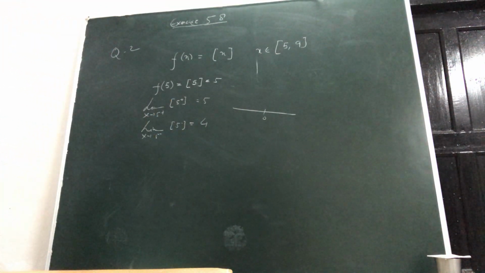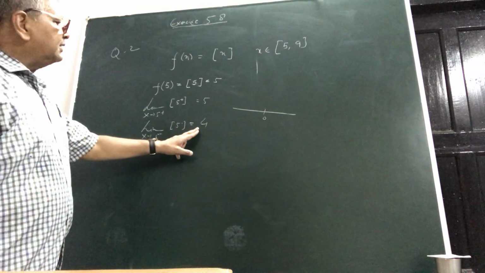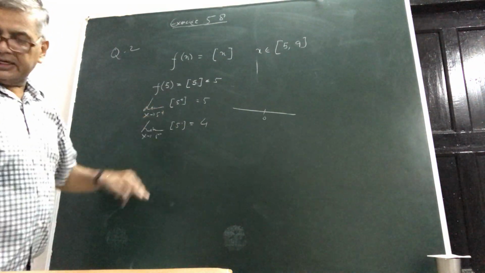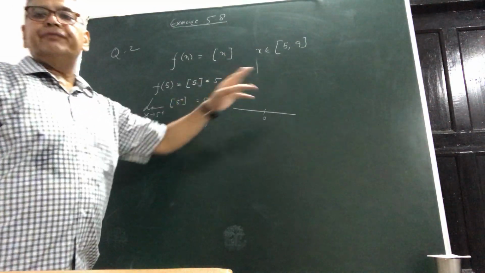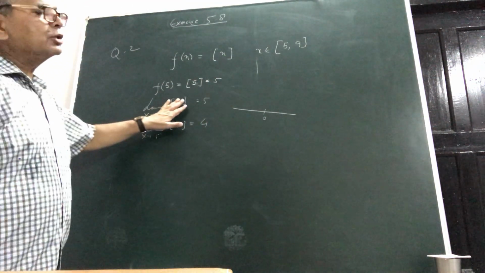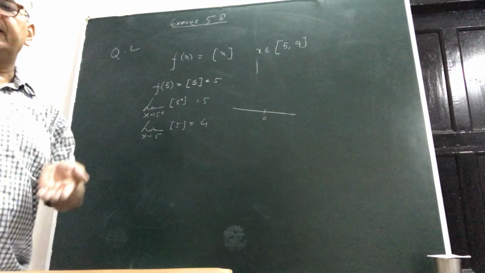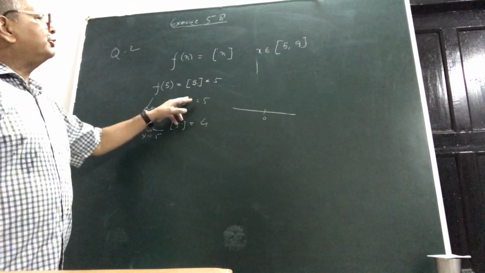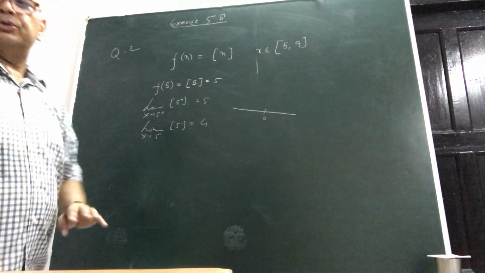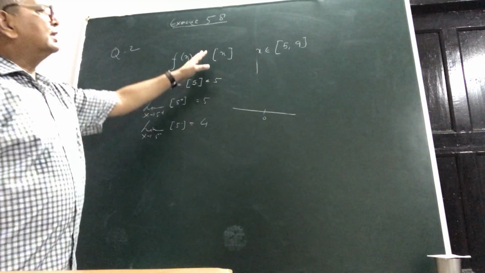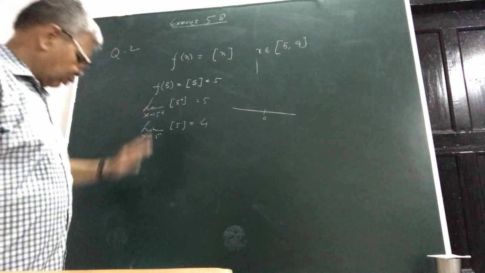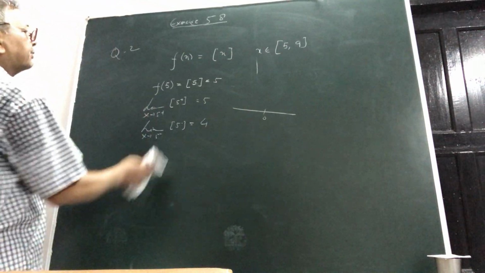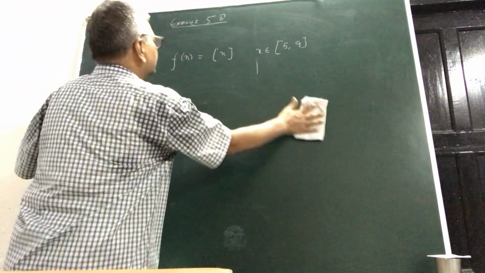So the left hand limit and right hand limit are not equal. As such, continuity doesn't hold good, because if it is continuous, then at least the left hand limit and right hand limit should be equal, and both should be equal to the functional value. This is the reason that for the greatest integer function, Rolle's theorem won't hold good in this particular case.